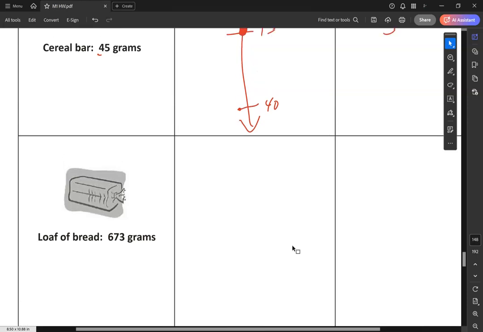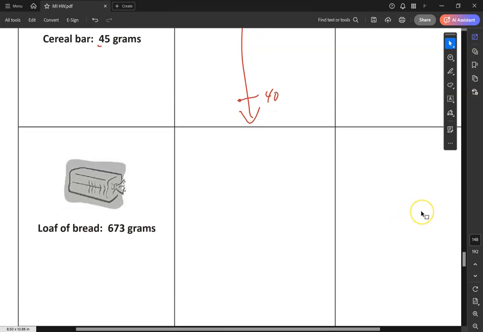Next, loaf of bread is 673 grams. So again, my vertical number line. Tens again. So that means the 6 is going to stay. Now we're just looking at 73. 73 is in between 70 and 80. What's our halfway? 675.